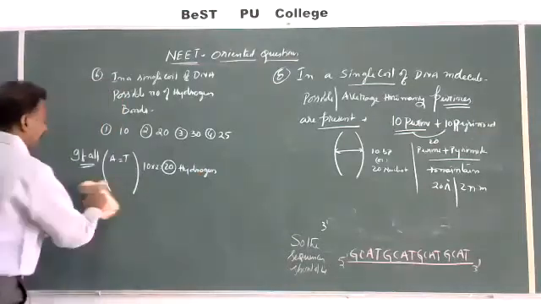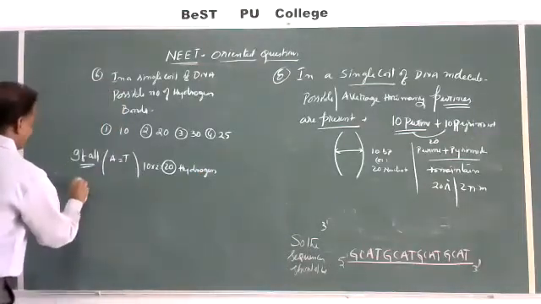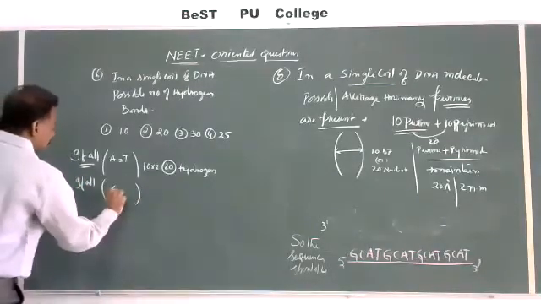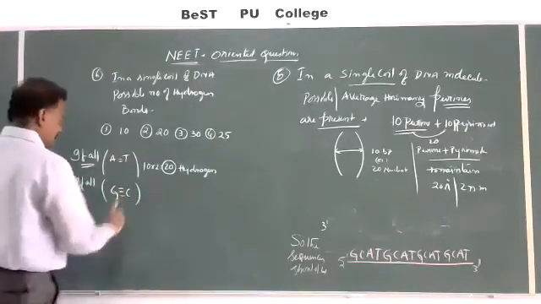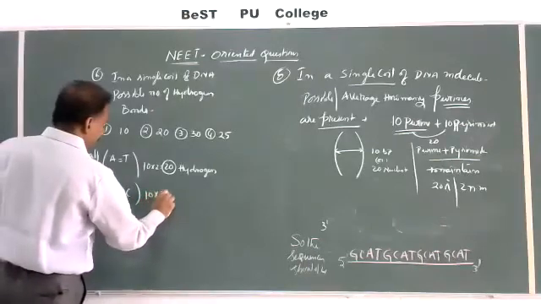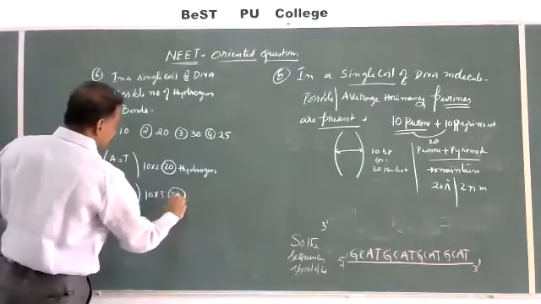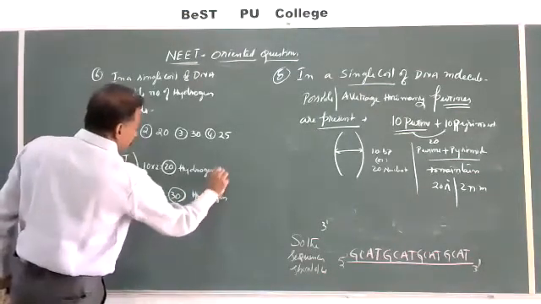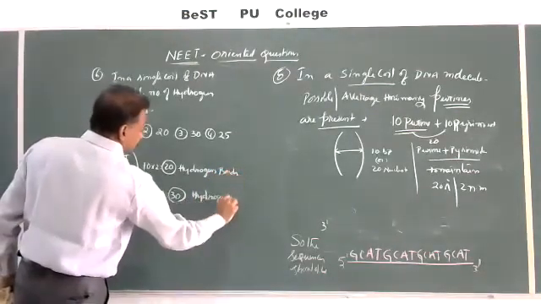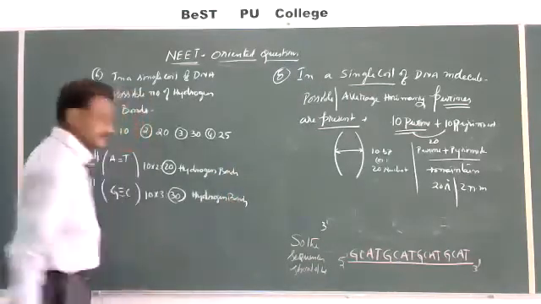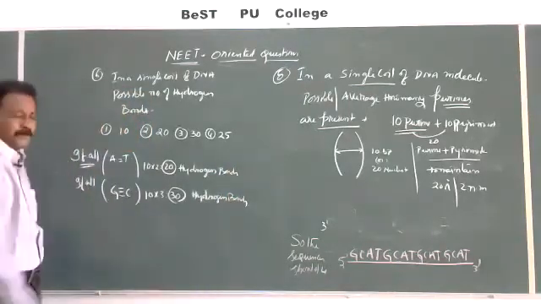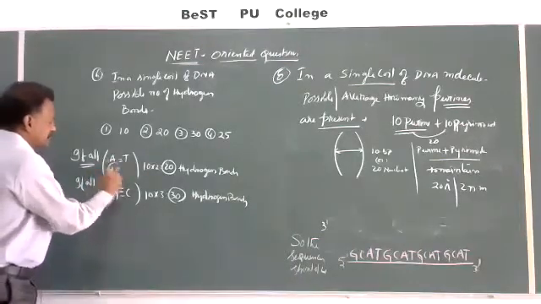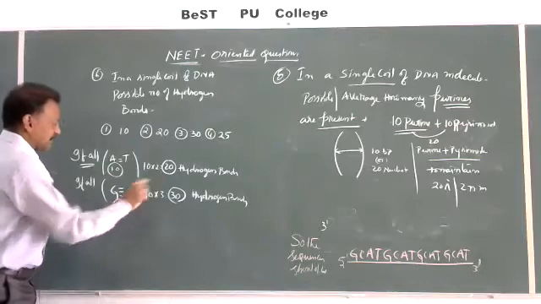In a coil, if all are GC, 10 into 3, 30 hydrogen bonds. In a coil, all 10 GC.